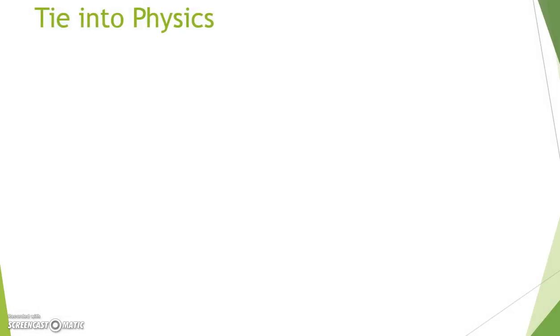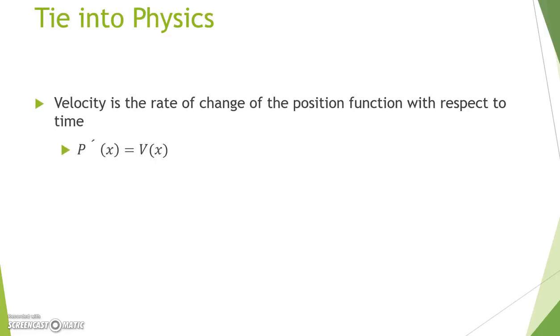How does this really tie into physics? Because obviously this is all just calculus, and it doesn't really have a tie-in with just that, but it ties into the position, velocity, and acceleration functions. Velocity is described as the rate of change of the position function with respect to time.